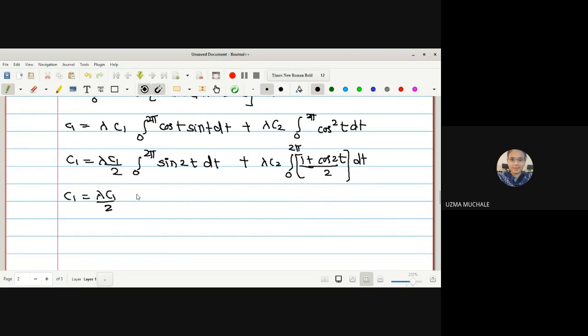What is the integration of sine? It will be cos of 2t divided by 2 with a negative sign, correct? Plus lambda C2 divided by 2, integration of 1 is t plus integration of cos is sin 2t upon 2, within the limits 0 to 2 pi.